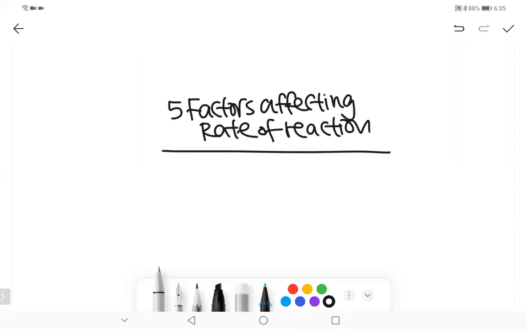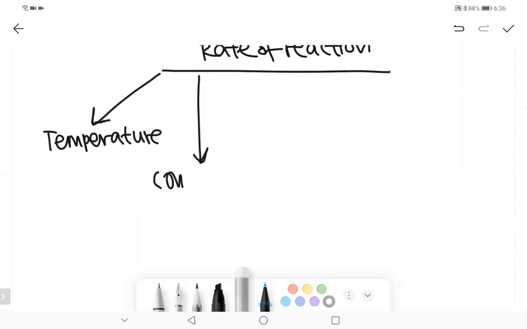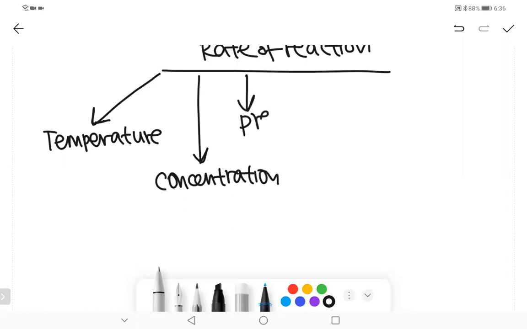The first factor is called temperature. By changing temperature, we can change the rate of reaction. The second factor is concentration, which can also potentially change the rate of reaction. Then we have pressure.